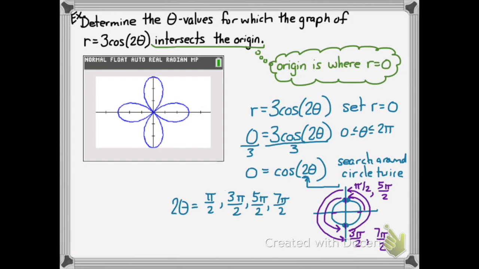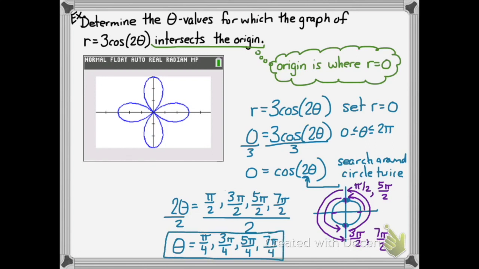And to get theta by itself, I'll divide both sides by 2. Dividing by 2 is the same thing as multiplying by a half. So my 4 final answers are that theta is equal to pi over 4, 3 pi over 4, 5 pi over 4, and 7 pi over 4.